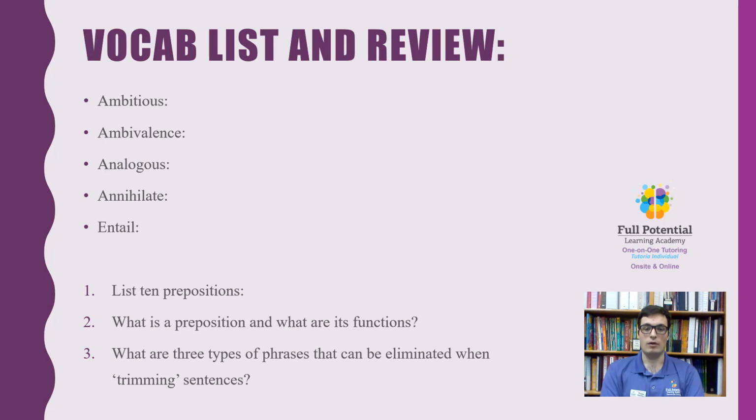Please also pause now and write down the questions below that go over this lecture. List 10 prepositions, define what a preposition is and what its function is, and name the 3 types of phrases that you can remove from a sentence when trimming a sentence. Go over these on your own and have them ready by next lecture for a quiz and review of the last lecture for our next lecture.